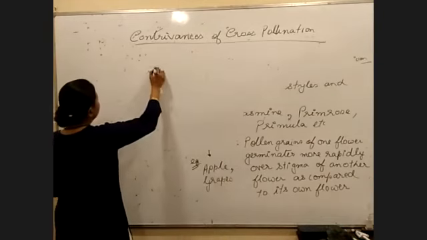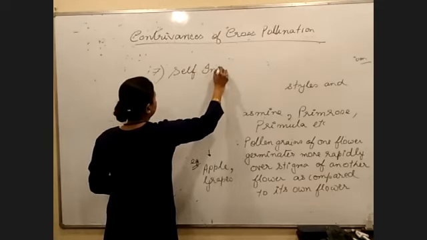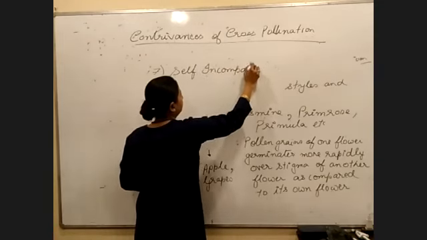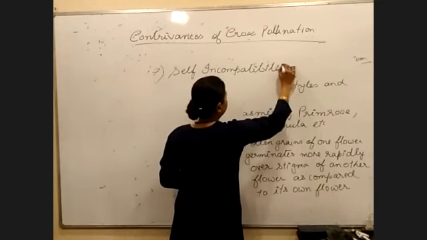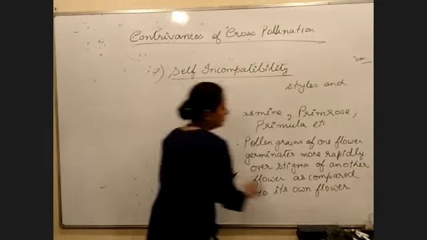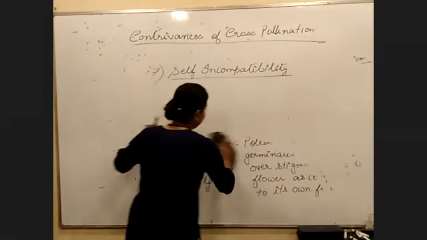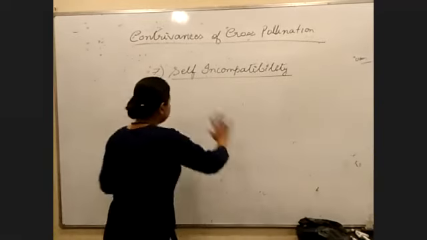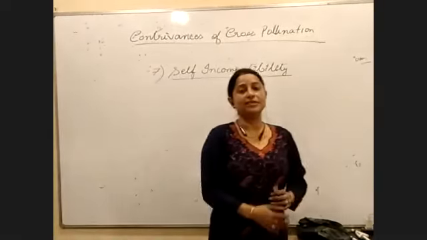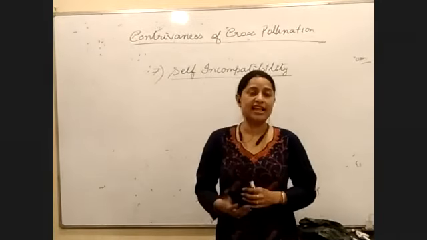Next, we come to the last one. The last factor that encourages cross-pollination is a term called self-incompatibility, and this factor needs certain explanations.